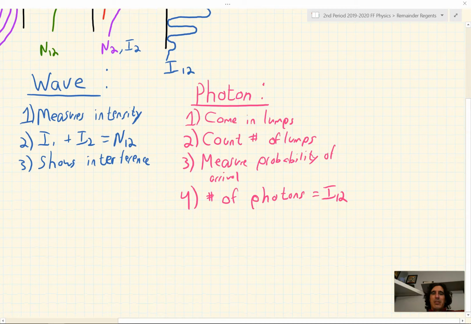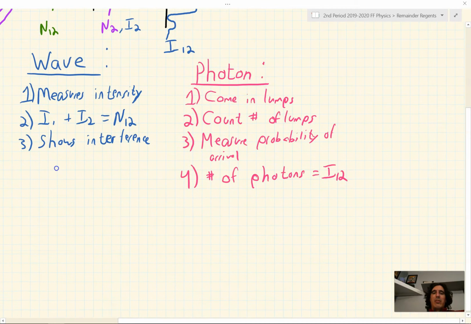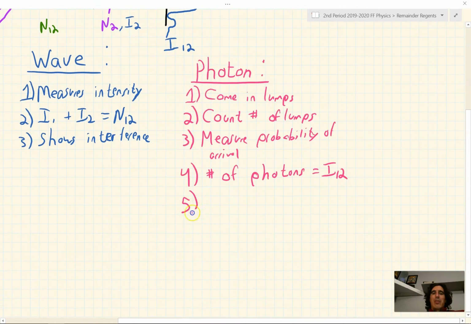Which means that if we're getting I12, the photons are interfering with each other. So this shows interference. Notice 1, 2, and 3 are all properties of a particle. Both 4 and 5 are properties of waves due to interference.